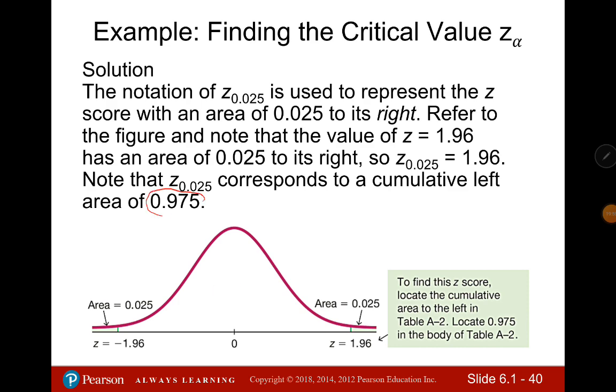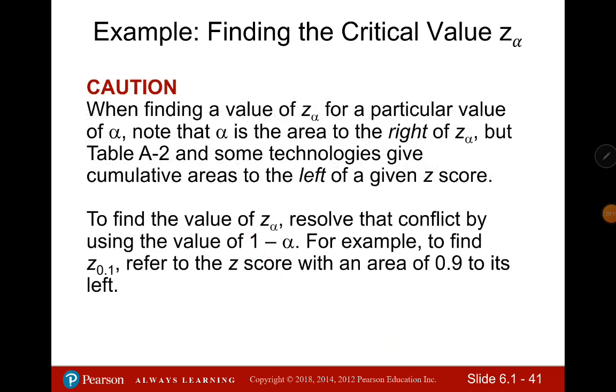Then use that value to check the body of your Z table, to find which one is the closest one. Then you can locate what your Z-score is. That Z-score is just the critical value we need. So basically, you need to use 1 minus alpha. So if it's C sub 0.1, you need to use the area 0.9 to find the corresponding Z.